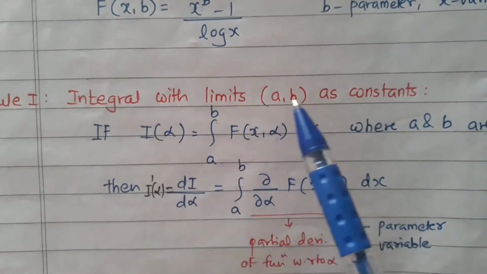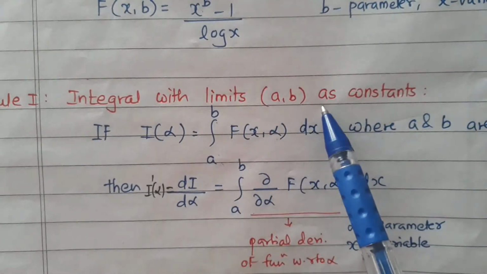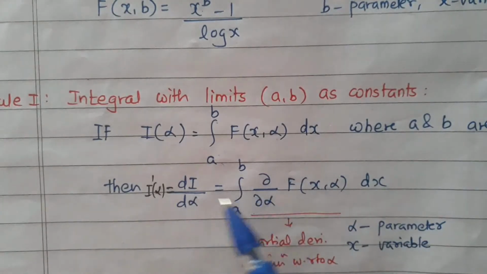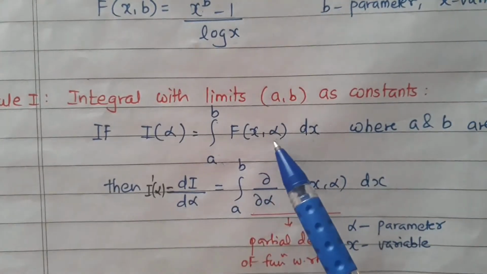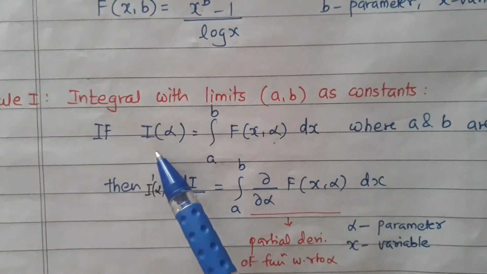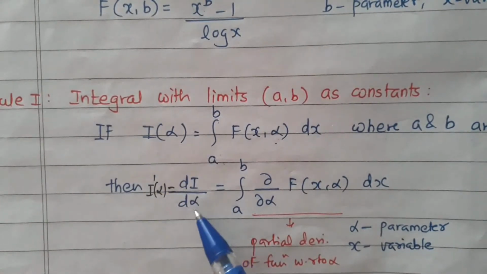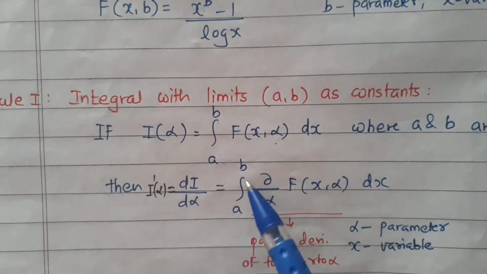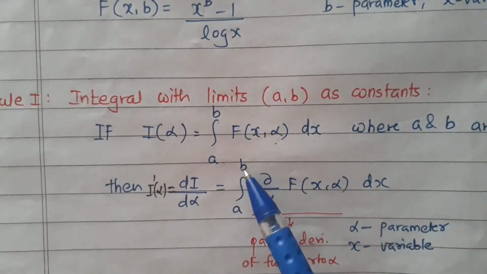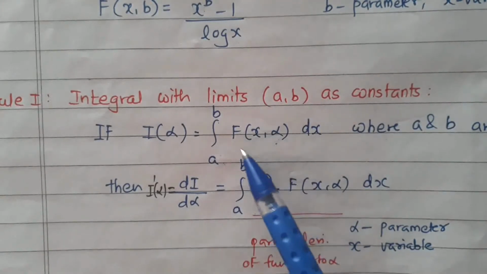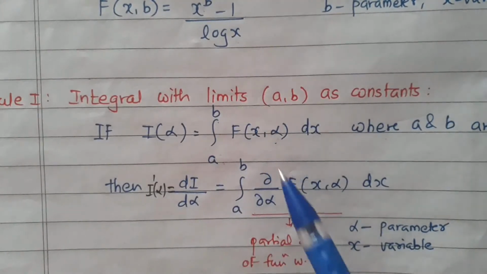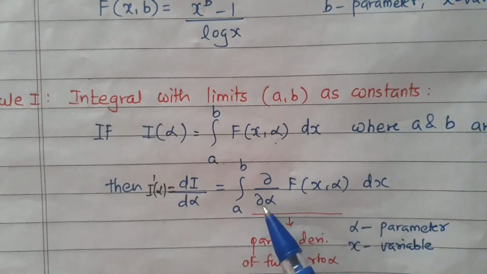Then by using this DUIS rule 1, take the derivative on both sides with respect to the parameter alpha. So the LHS becomes I dash of alpha, you may write this as dI upon d alpha, is equal to integral of a to b. On the RHS, this rule says to take the partial derivative of this function with respect to the parameter alpha.